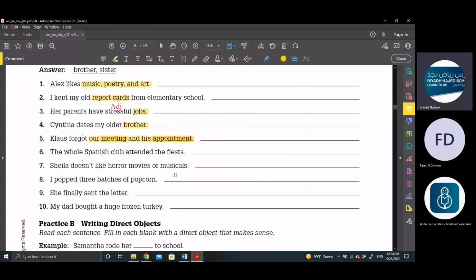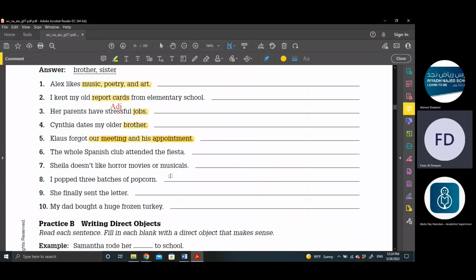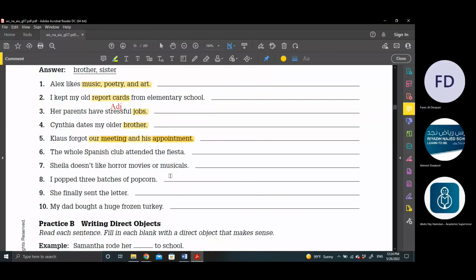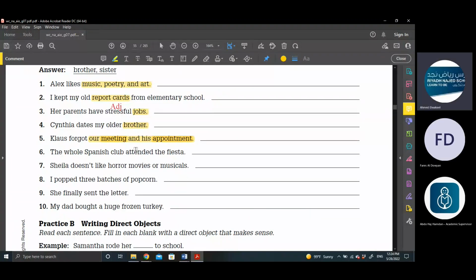And number six, the whole Spanish club attended the fiesta. Yes, the whole Spanish club, all of that is the subject. Attended, the action verb. Attended what? Fiesta.